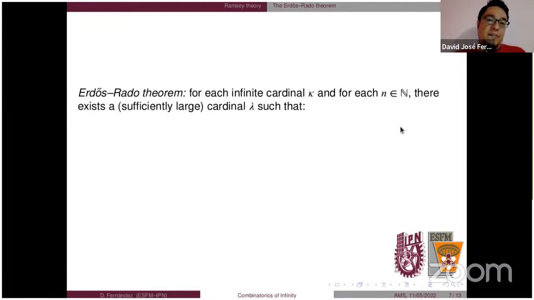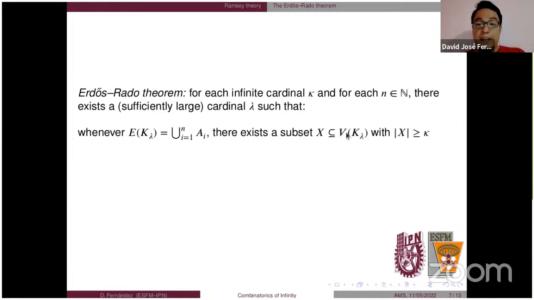You can always find a sufficiently large cardinal, lambda, which will also be infinite and strictly larger than kappa, with the property that whenever you partition the edges of a complete graph on lambda vertices into n cells, you're always going to be able to find a set of kappa vertices such that the induced subgraph has all edges in the same piece of the partition. So this is directly the analog of the finitary Ramsey's theorem in the infinitary realm.